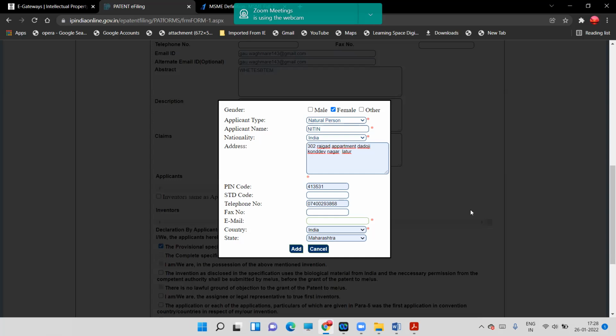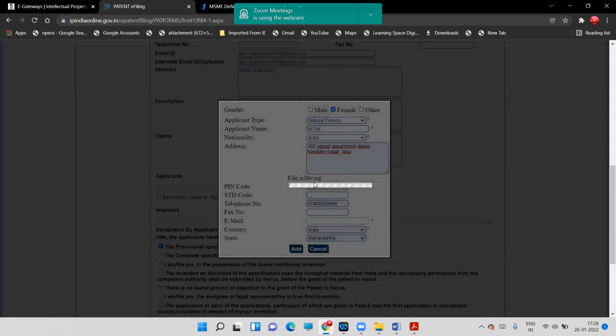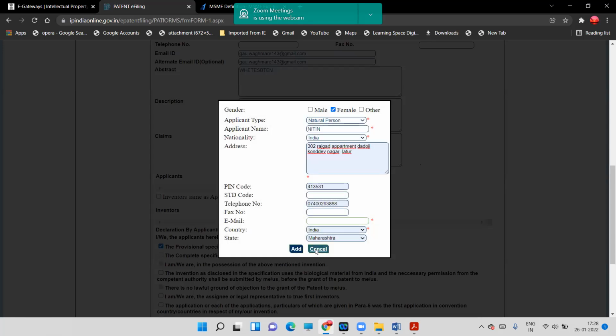Suppose if you're putting the applicant type as other than natural person, how can we select gender? Other will not come, it is for transgender or whatever. No. Suppose if you put other than natural person, the company, you cannot discriminate the gender, right? You cannot. Yes, that is like an entity there. Now, in case if we are putting that, what do we have to select? That's what I'm asking. Ma'am, if you select the applicant type as other than natural person, I think you need not select the gender because it's not a mandatory field. You can see this is not a mandatory field. There is no asterisk over there. Correct.